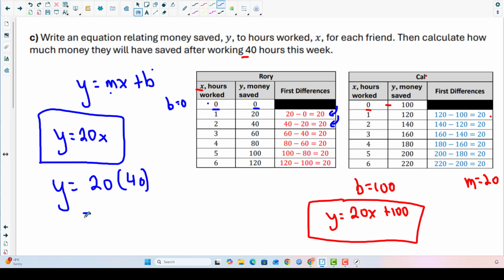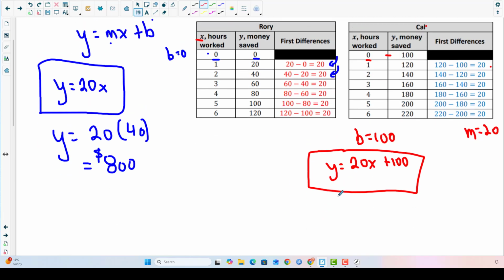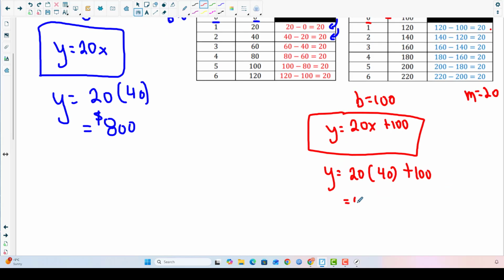And since the hours worked is 40, we know that Rory is going to save $800. Now it's slightly different for Cal because the equation is different. It's 20 times 40, the number of hours is the same, and that's going to be 800 plus 100, which is $900.